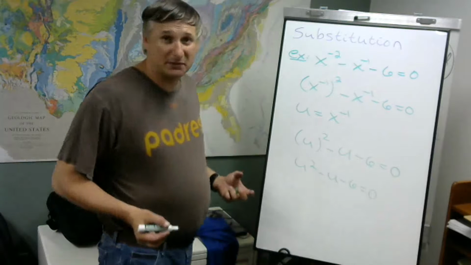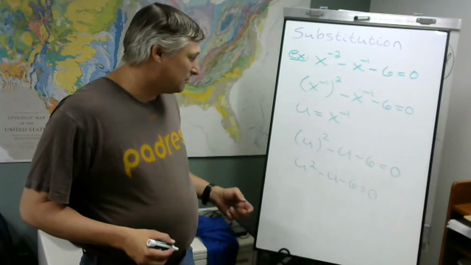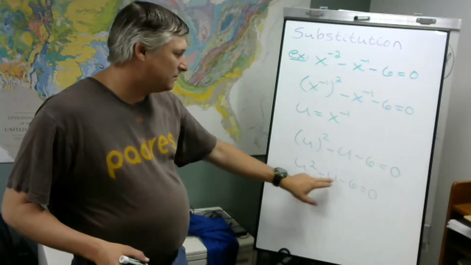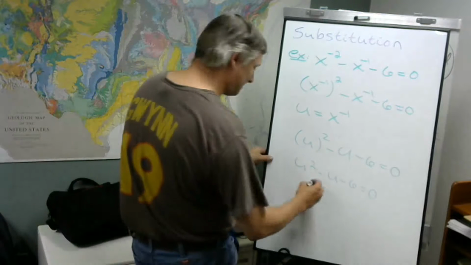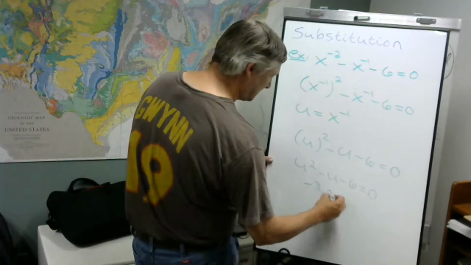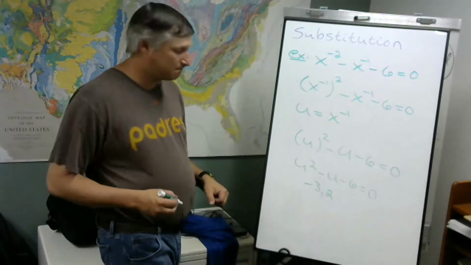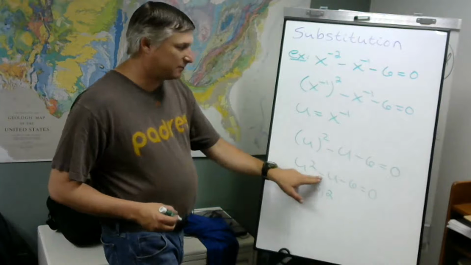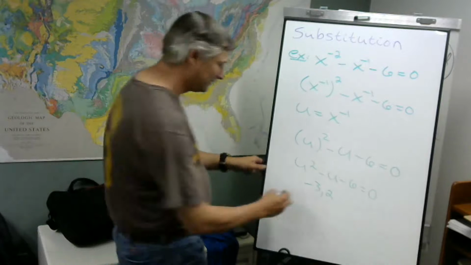And again, we can use guess and check. Two numbers that add up to -1 and multiply to -6: -3 and 2.